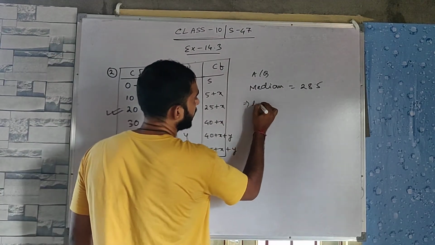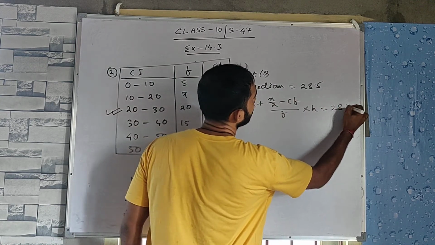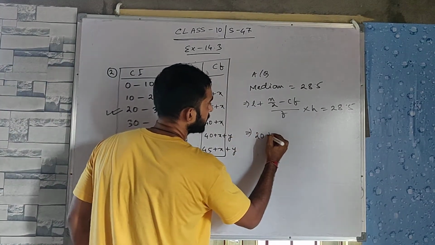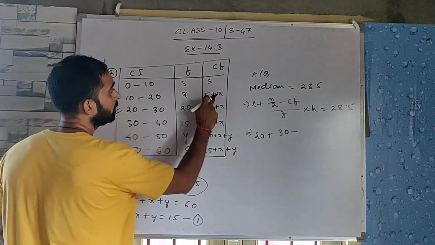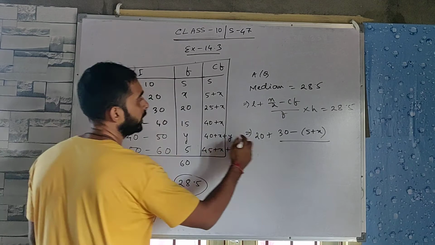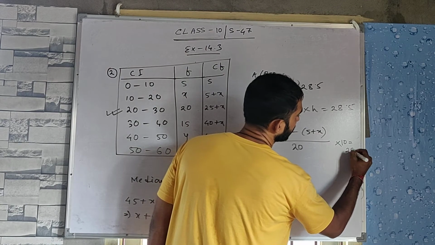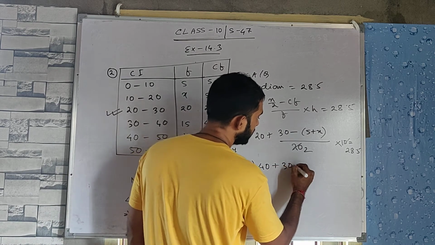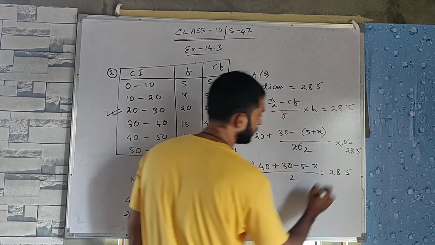Now the median formula: L plus n by 2 minus CF by F into H equals 28.5. L of the median class is 20, plus n by 2. n is 60, 60 by 2 is 30, minus CF, which is 5 plus x, by F, which is 20, into H, which is 10, equals 28.5. So 40 plus 30 minus 5 minus x by 2 equals 28.5.